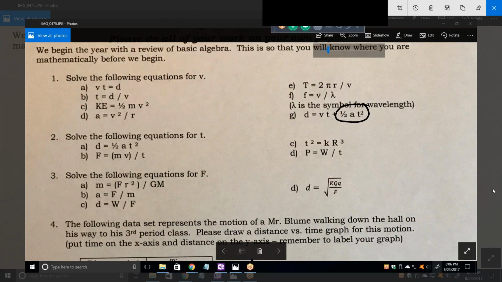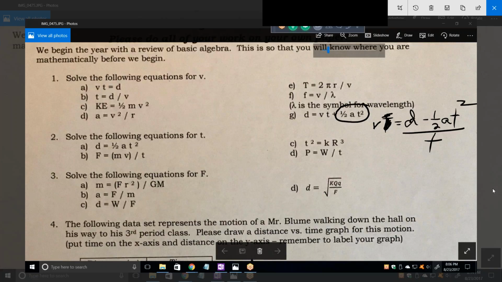So let's subtract that from both sides. So the next line is going to be VT equals D minus 1/2 AT squared. And then we would divide by T on both sides. There's your answer.